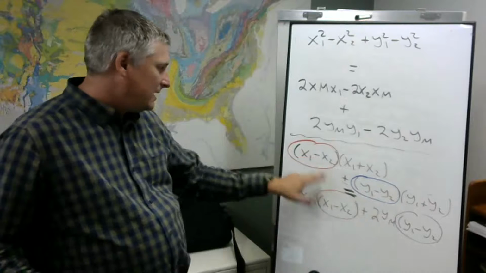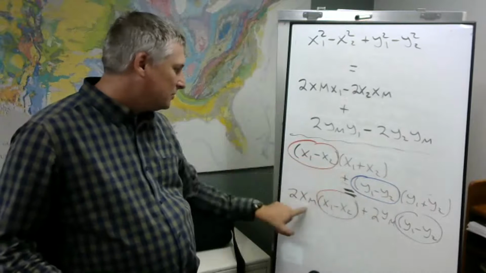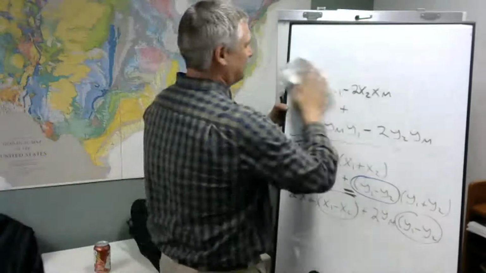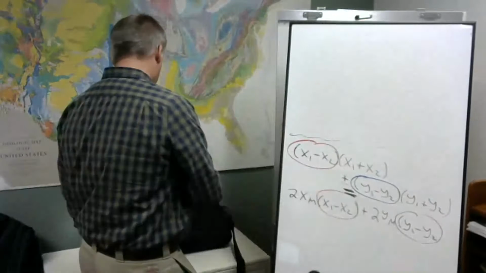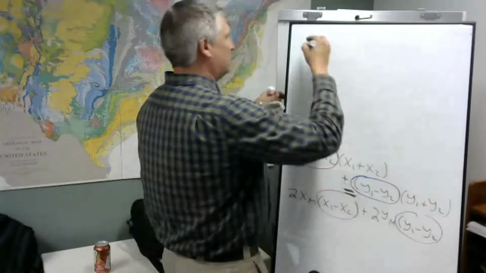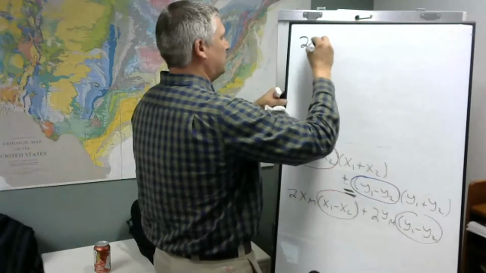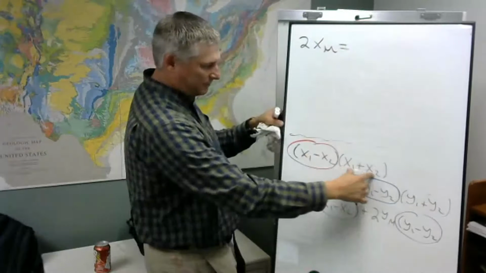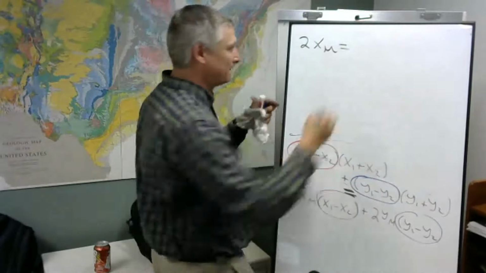So these are equal. That means these two have to be equal. So that means two x sub m, whatever this is, it's got to equal this. So the x parts are going to be equal.